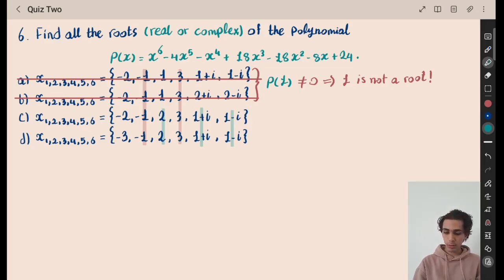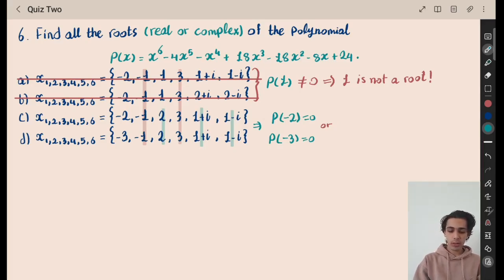So it's either -2 is a root. From here we can conclude that either p of -2 is equal to 0 or p of -3 is equal to 0.